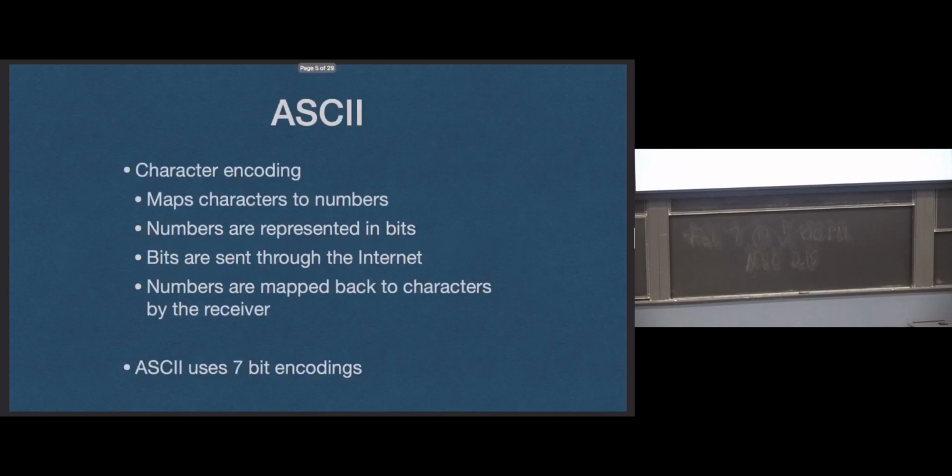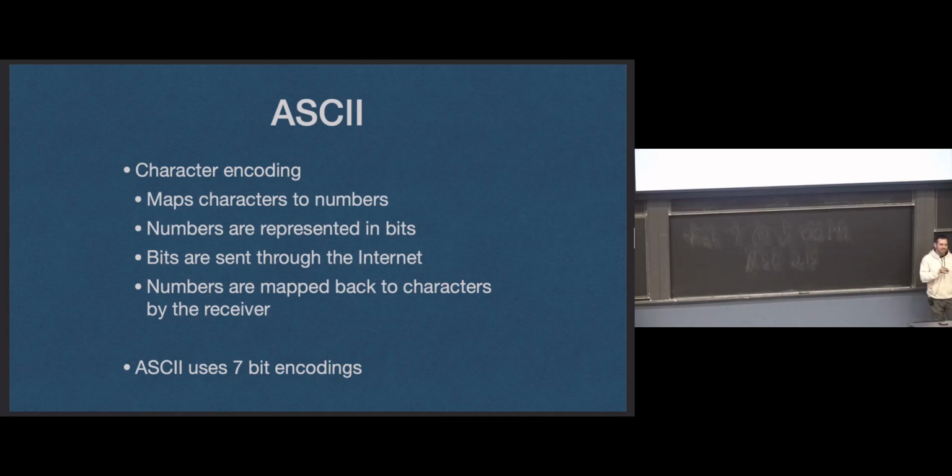And I assume most of you have seen this before. I don't think I'm breaking any new ground with ASCII, but just in case, let's do a very quick refresher. ASCII is going to map characters to numbers, and it uses 7 bits. It's a 7-bit encoding.